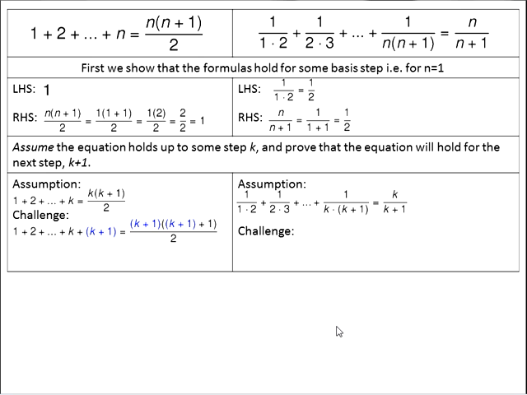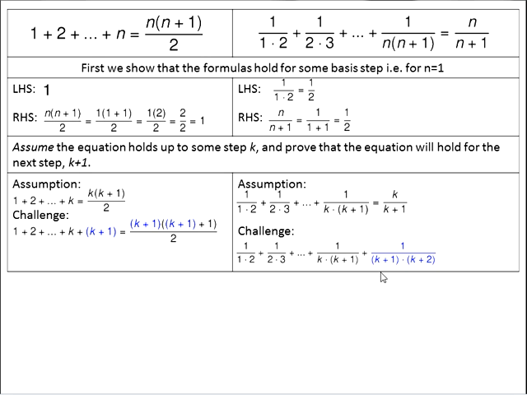Now, the challenge. Now I'm going to try and prove this domino effect. I'm going to try and prove that I can kick it up to the next step. Again, what happens on the left-hand side? Remember, on the left-hand side, I'm going to add the next term. So instead of 1 divided by k times k plus 1, I'm going to have 1 divided by k plus 1 times k plus 2.